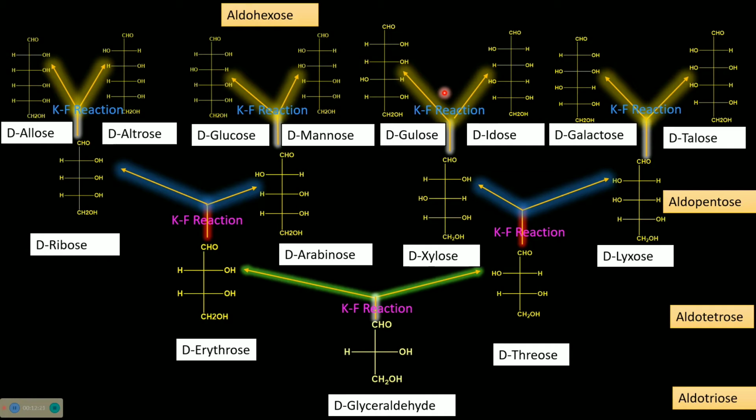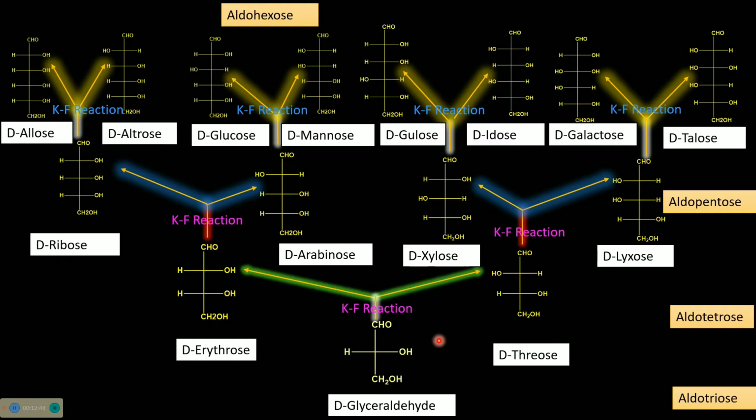Don't be scared that this slide has a lot of things written, but I think within the next 2 minutes you will all easily make this type of structure in your copy, and easily write all the names and structures.